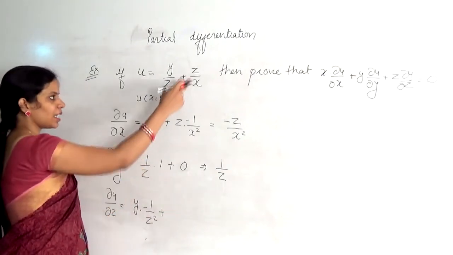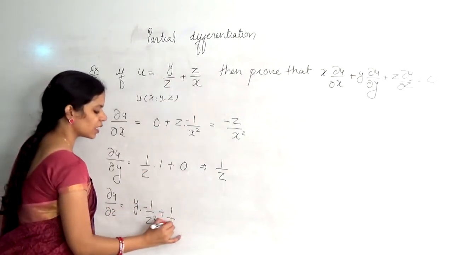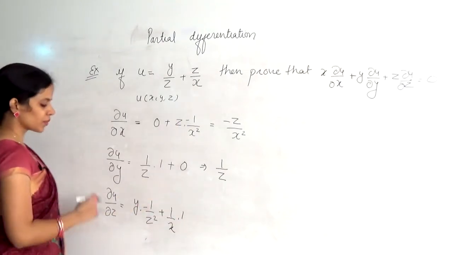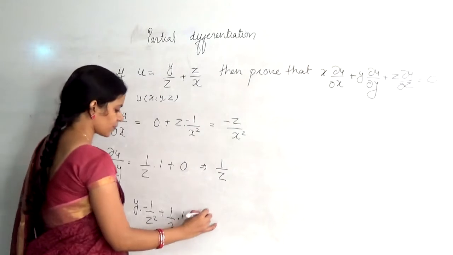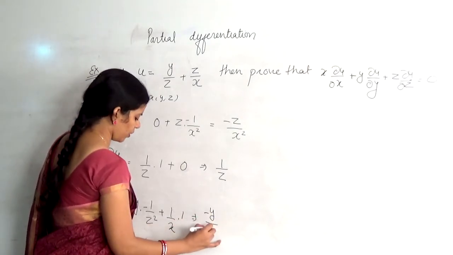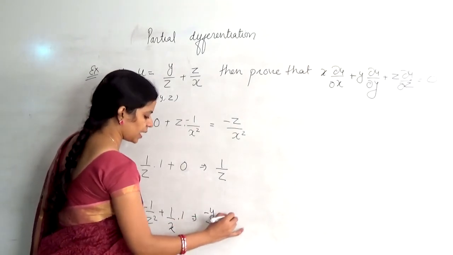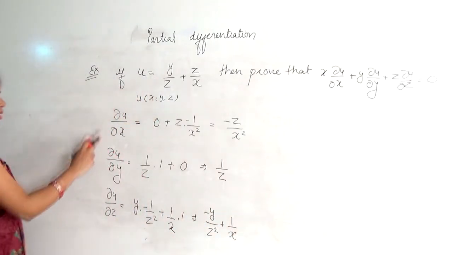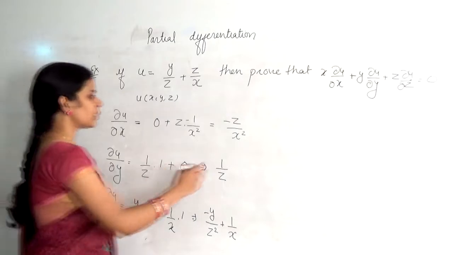Plus, here 1 upon x will be constant and the differentiation of z will be 1. So we will get minus y upon z square plus 1 upon x. Now we will put these three values in this equation.